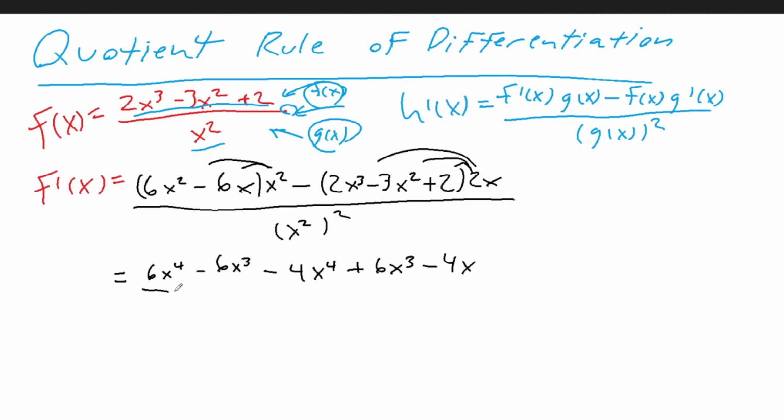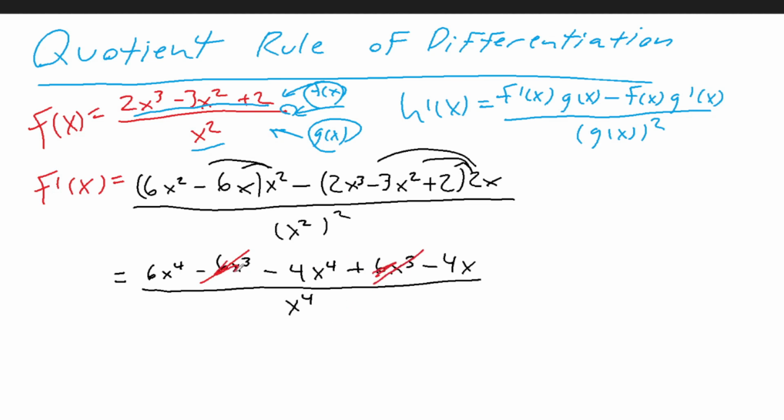And remember, we're dividing this whole thing by x squared to the power of 2, which is just x to the power of 4. And now we see that there's a positive 6x cubed and a negative 6x cubed, so those two terms are going to cancel.